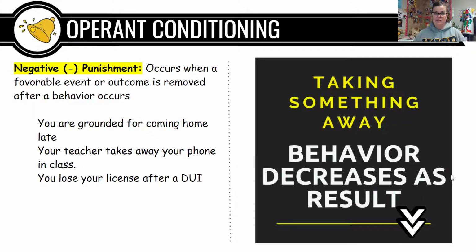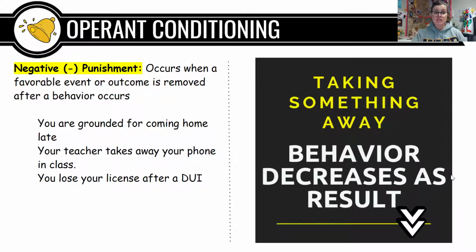Negative punishment. Negative meaning you're going to take something away. Negative punishment is punishment by removal. Again, you want to stop a behavior, and in order to stop the behavior, you're going to take something away. You are grounded for coming home late. I am taking away your freedom to get you to stop coming home late.